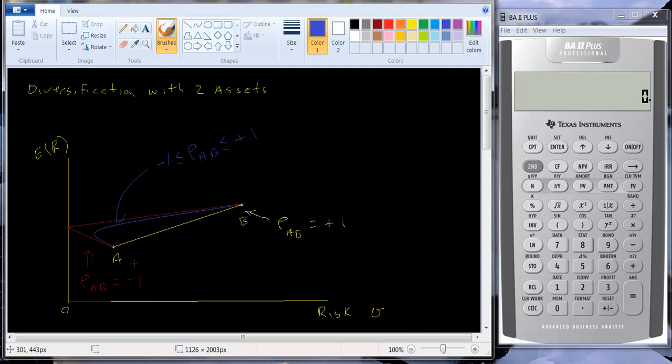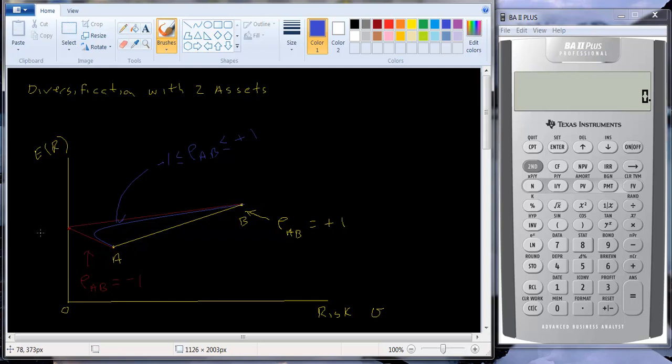People shift between those two assets. So by holding both of those securities in your portfolio, what happens? You're able to reduce your risk. That means moving to the left while going up, while getting a higher expected return. So this is what we in economics and finance sometimes refer to as a free lunch. You get something for nothing.